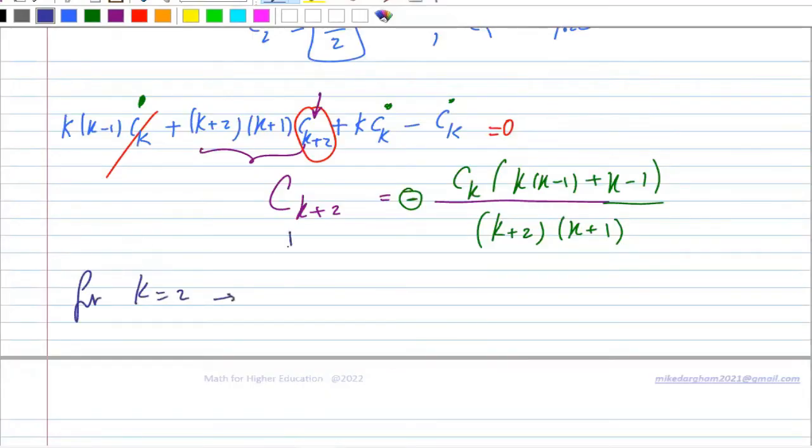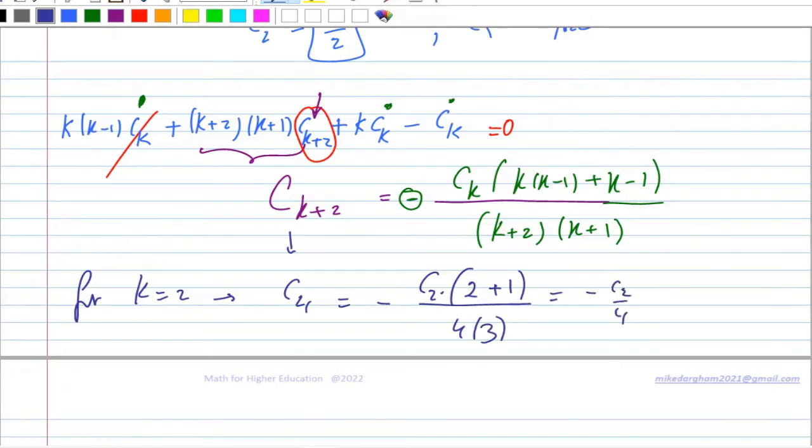What happens here? So this is C4. What happens there? C2. You put a 2 in every case. So this is 2 times 1. 2 minus 1 is 1. And then at the bottom, I have 2 plus 2, 2 plus 1. Now 2 plus 1, 3, it cancels. So it is minus C2 over 4.